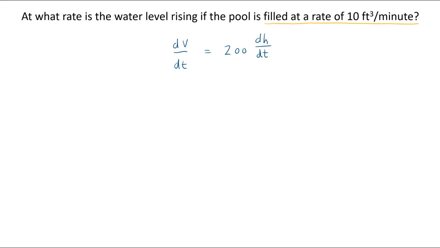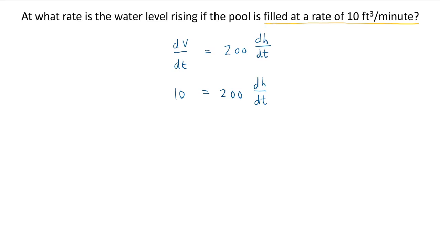So is that rate dV over dt, or is that dH over dt? Well, the dead giveaway is that the units are in cubic feet per minute. So that means that this is dV over dt. And that is the rate at which the volume is changing over time. So substituting in 10 for dV over dt gives us 10 equals 200 times dH over dt.